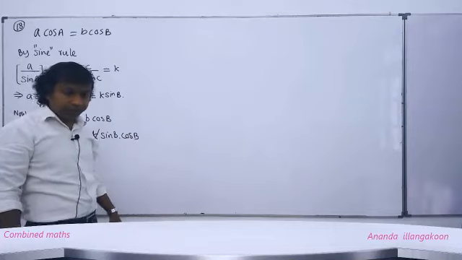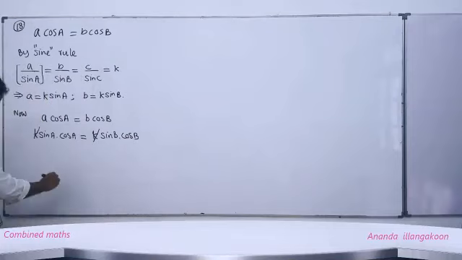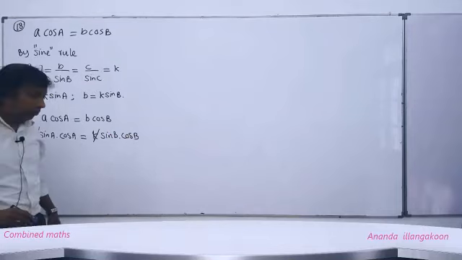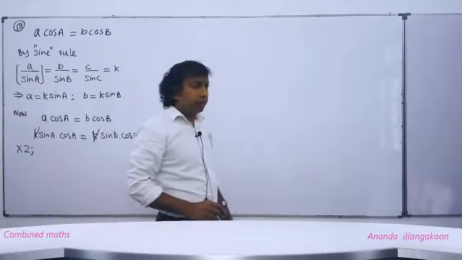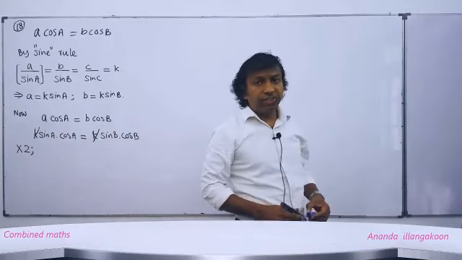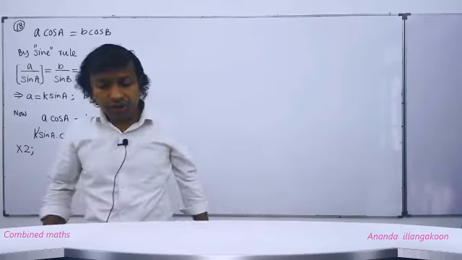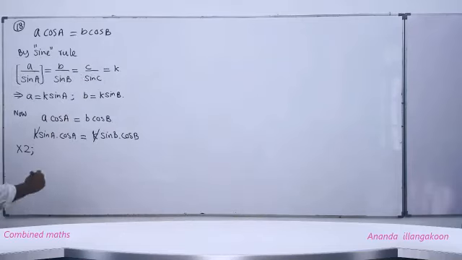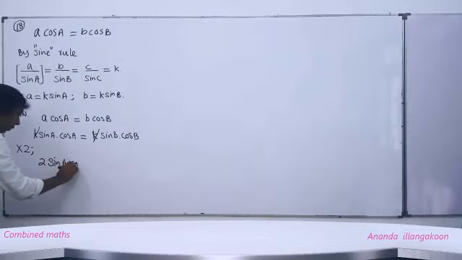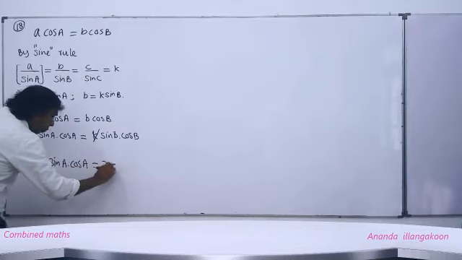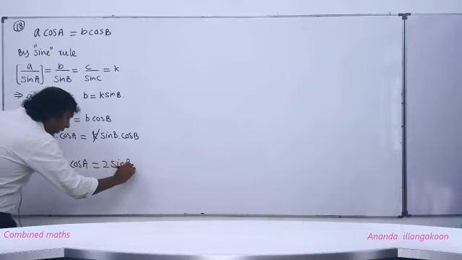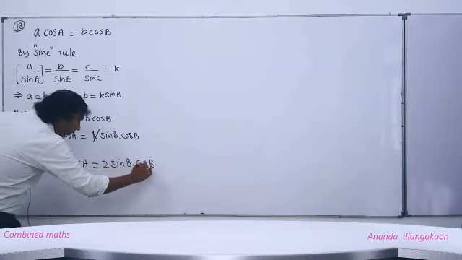Now we multiply both sides by 2. When we multiply both sides of an equation by the same value, the equation won't change. So 2 sin A cos A equals 2 sin B cos B.